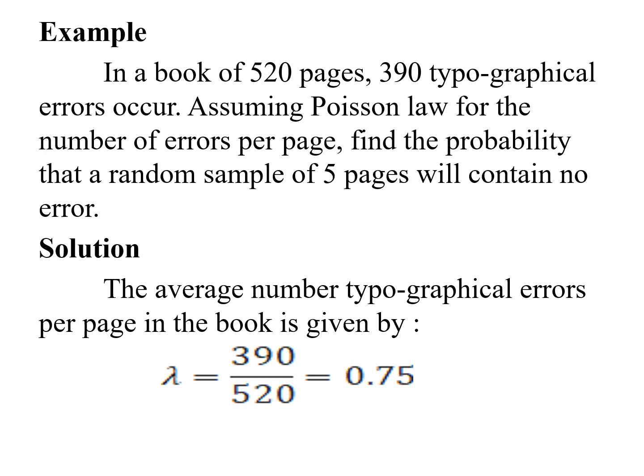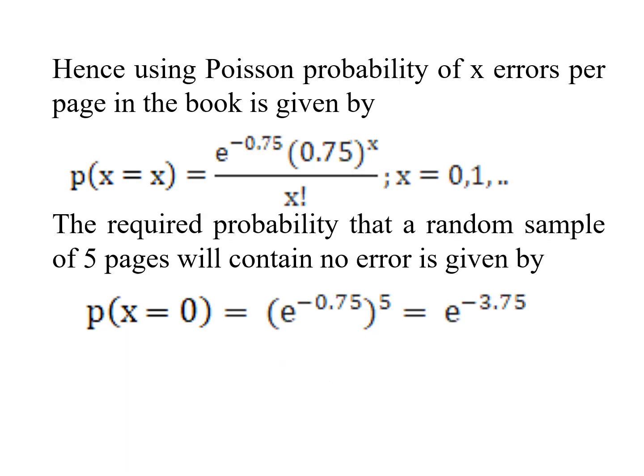Now substitute this 0.75 in the Poisson formula. The Poisson probability of x errors per page in the book is given by p of x equal to e power minus lambda, lambda power x divided by x factorial, where x takes the values 0, 1, 2, etc. That is the general formula.